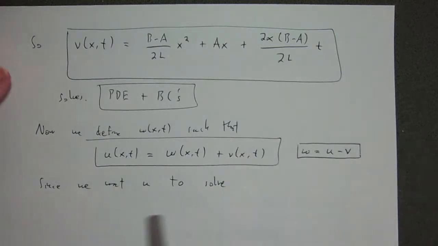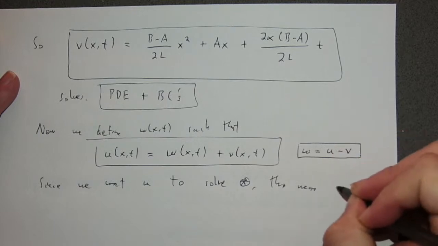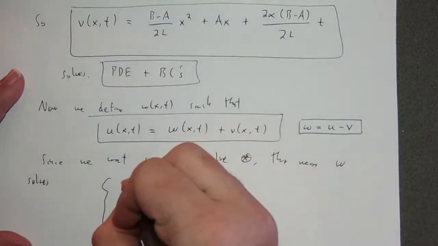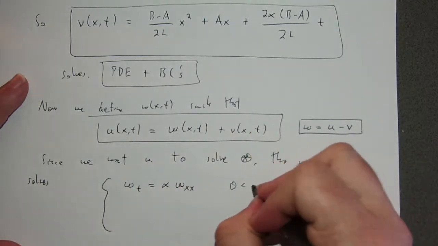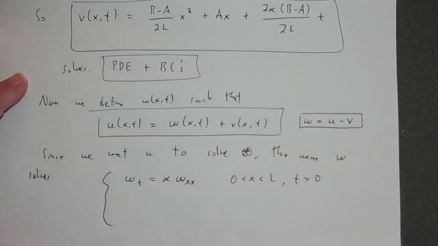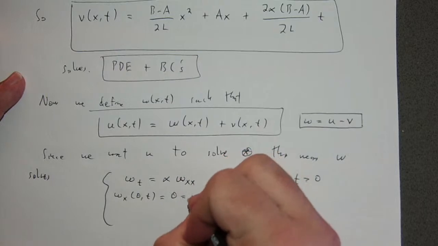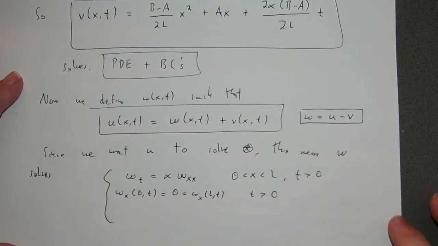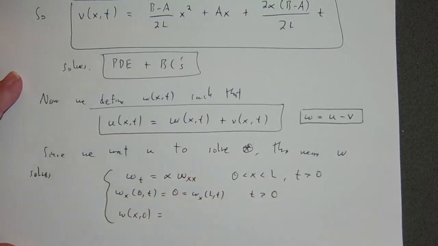So, since we want u to solve asterisk, this means w solves the equation w sub t equals alpha w sub xx on our finite domain, with homogeneous Neumann conditions on the boundary, and initial condition w of x,0, which is u of x,0 minus v of x,0.